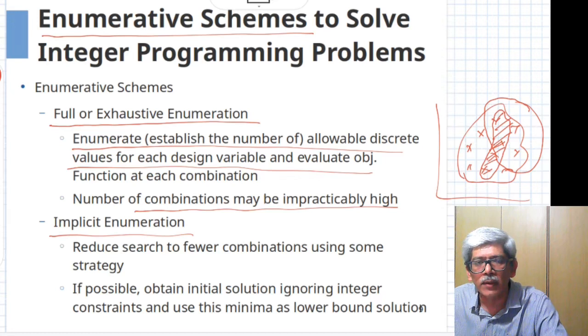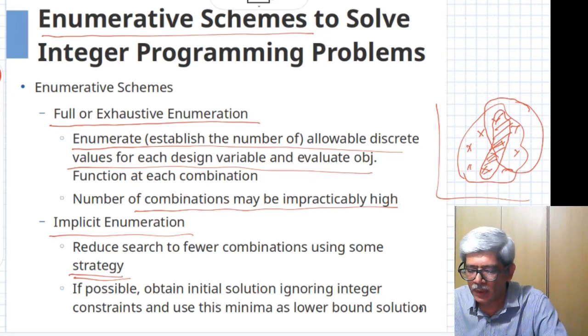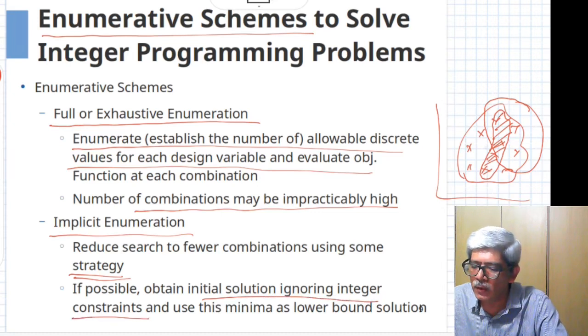So you use some kind of strategy to reduce the search domain in which you are going to search. In this case, often a clue is obtained from a real value solution. So you first ignore the integer constraints, find a real value solution, and take that solution as a clue, as we are going to see later, to find the solutions.